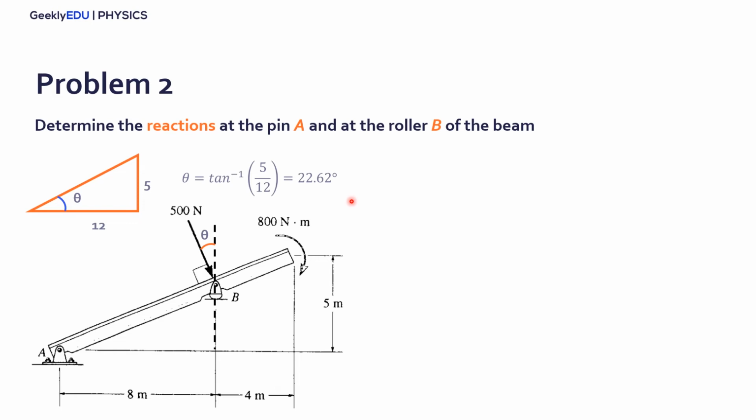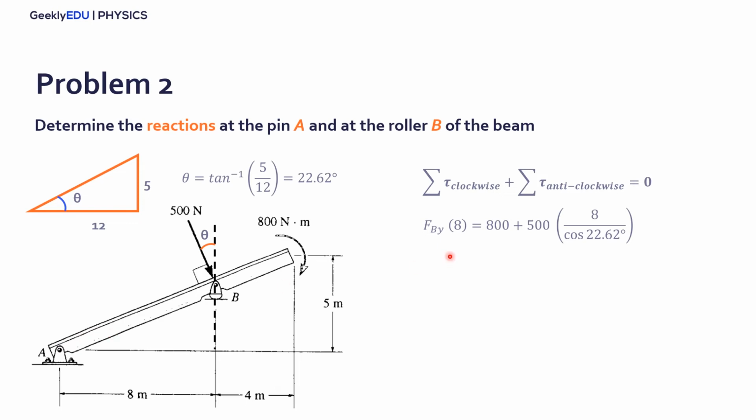Very good. Now let's apply the conditions for static equilibrium. Let's start at point B to find this reaction in the Y direction. The sum of all the torques must be 0. So FBY times 8, that's the distance here, equals 800, the torque right here, plus 500 times the distance of the beam here.